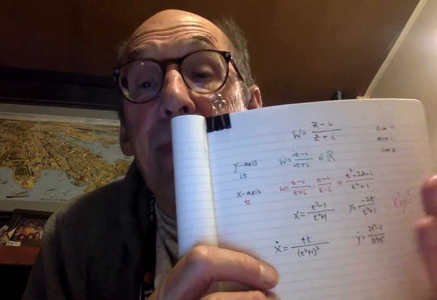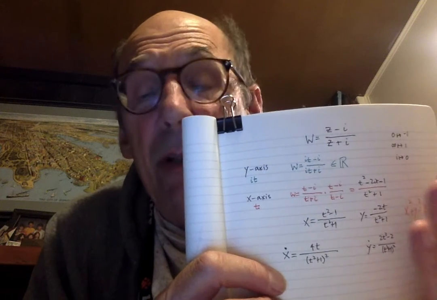So x dot is y squared over t. And that is very exciting because that means that the derivative of x has the same sign as t, and so when t is positive, x dot is positive, so x is increasing. And when t is negative, x is decreasing. So this is the same sign as t.